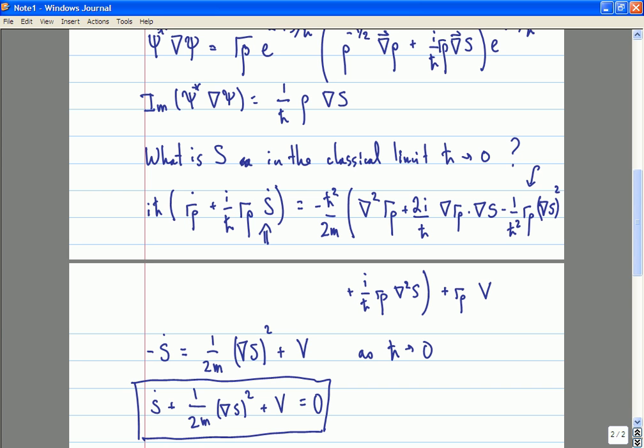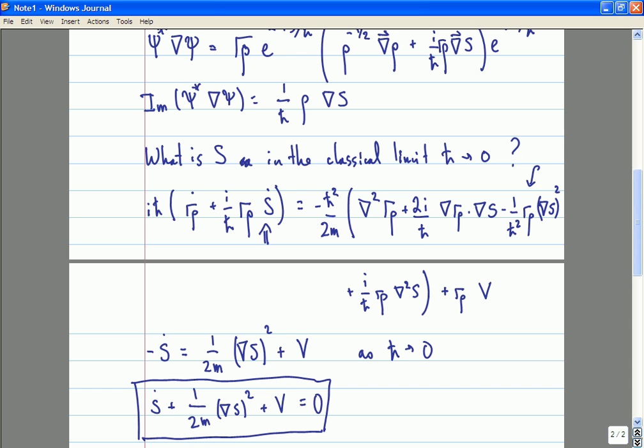If I wanted to estimate the size of quantum effects in some physical system, one way of doing that is I could calculate things like the typical position and momentum of the parts of the system, take their product, which has the same dimension as h bar, and if it's very large compared to h bar, then I can ignore quantum effects.